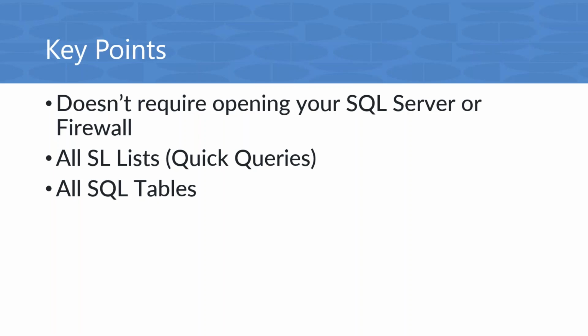Specifically on the SL side of things, these are the quick queries. The quick queries are basically those views that have already been set up that have all the information you need, and you have the capability of creating new quick queries, which is really awesome because I know some people out there have done some really effective ones. We'll be able to pull all the standard ones and all of the custom ones that you've created as well.